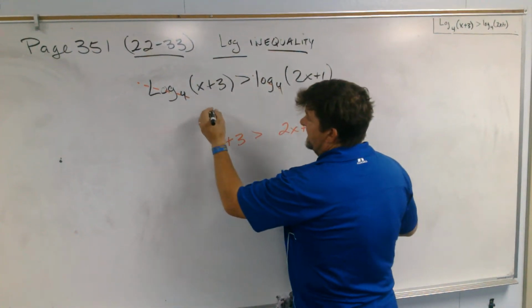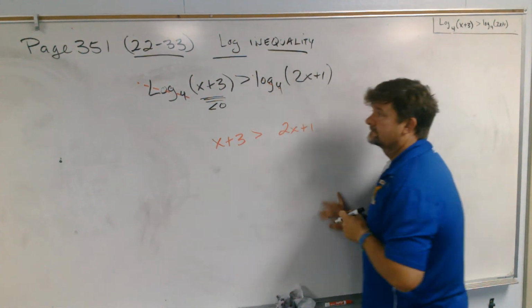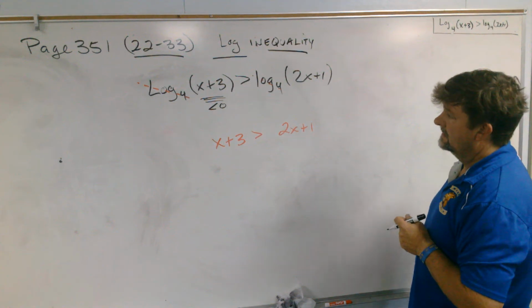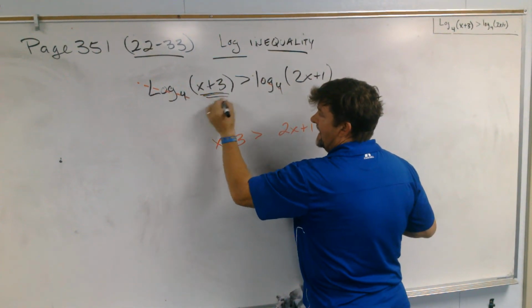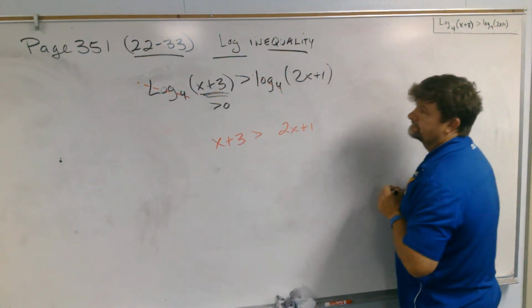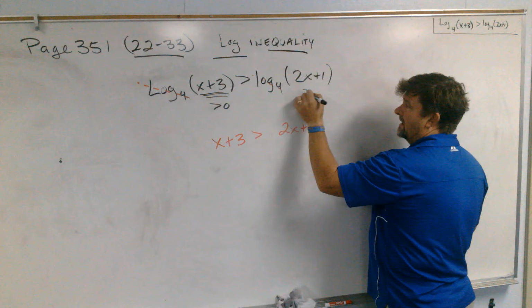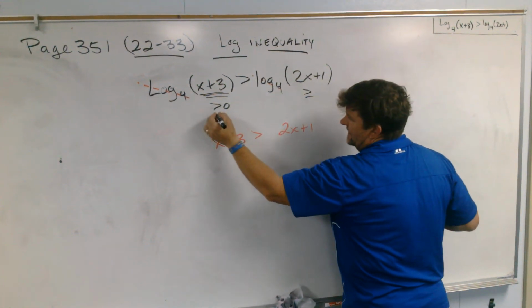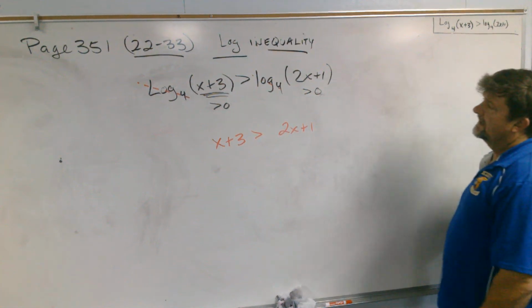We know that this cannot be less than 0. It can't be less than 0, so we know that this middle has to be greater than 0. And this has to be greater than, which actually it cannot be 0. Greater than 0. Okay? You guys okay with that?